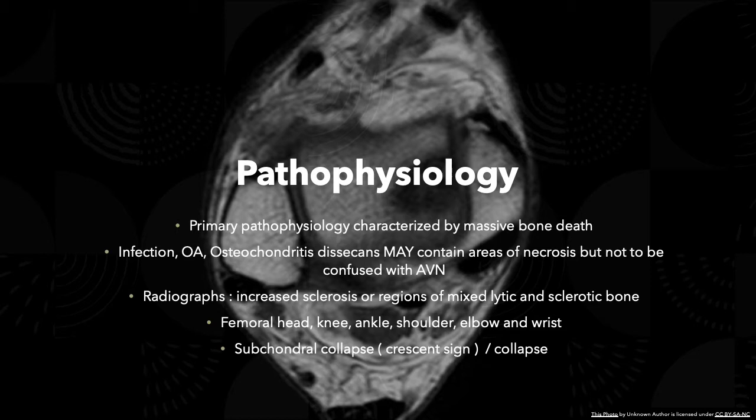As the disease progresses, it ultimately may lead to some chondral collapse, creating the so-called crescent sign with associated joint destruction and arthritic changes.